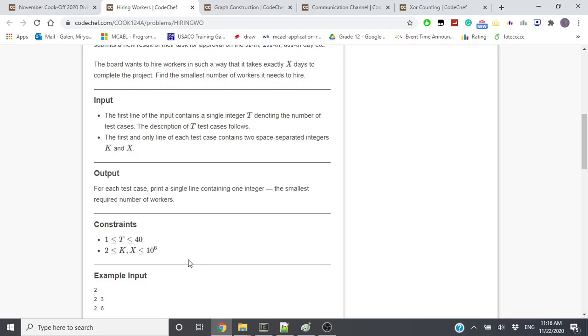And we could do it with bitmask DP. I'm not sure if greedy is enough. Does it work? Will greedy work is the question.